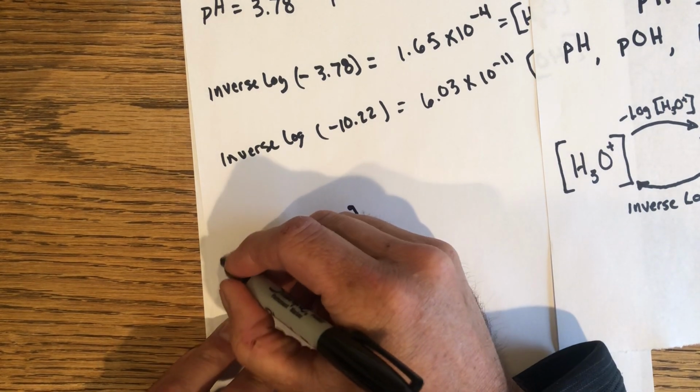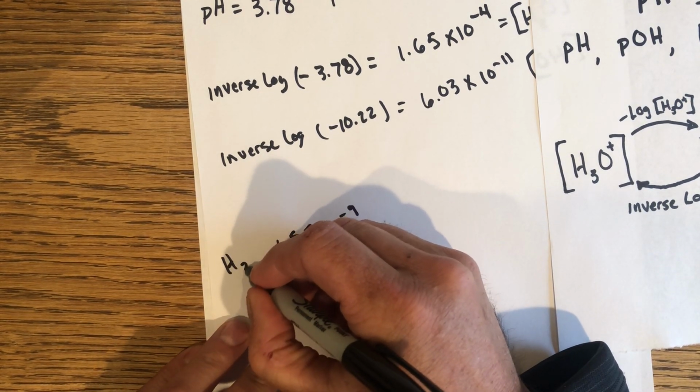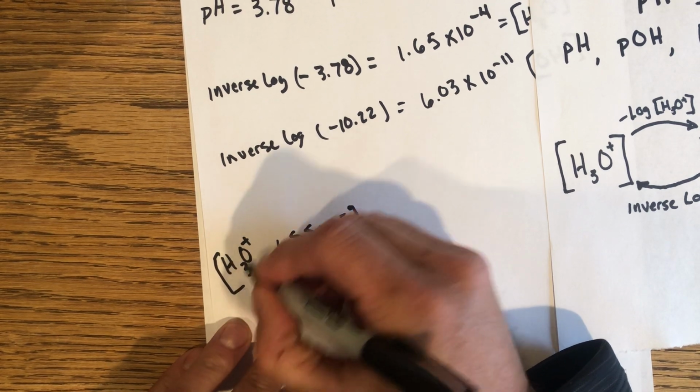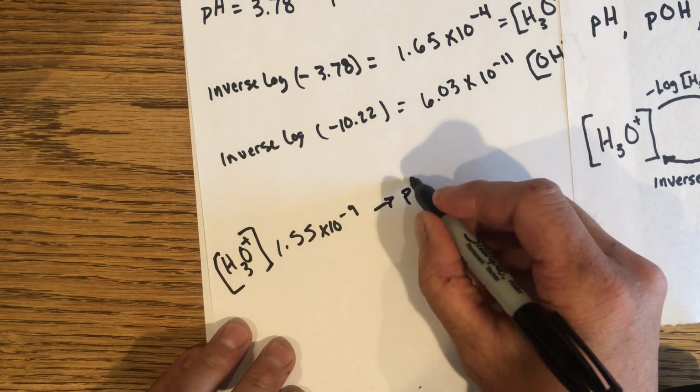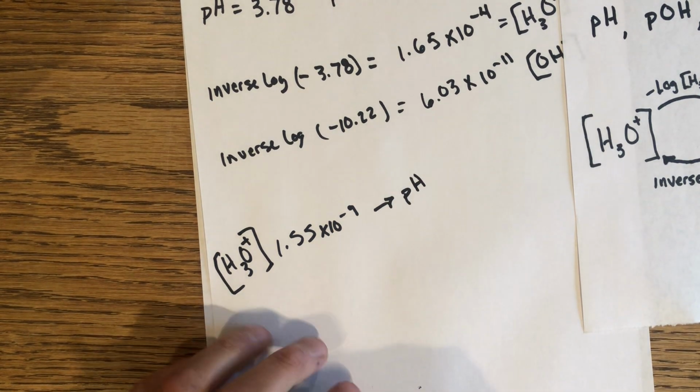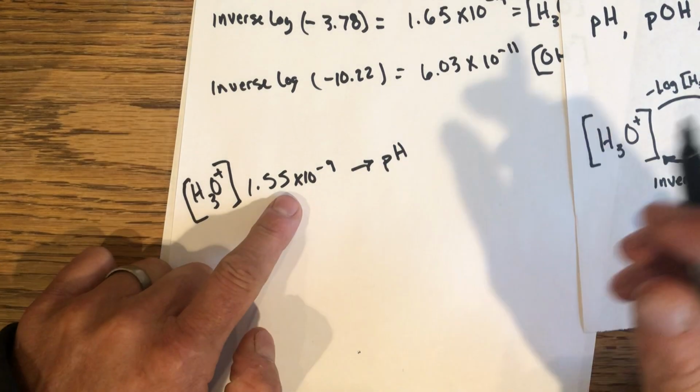So let's say that this has been given to you, H3O plus, and we want to turn that into a pH. So this is where you're going to use the negative log of this number.